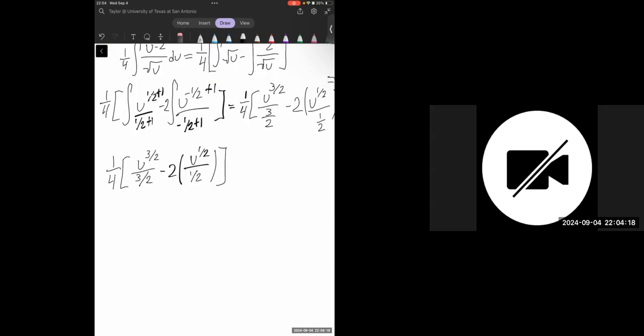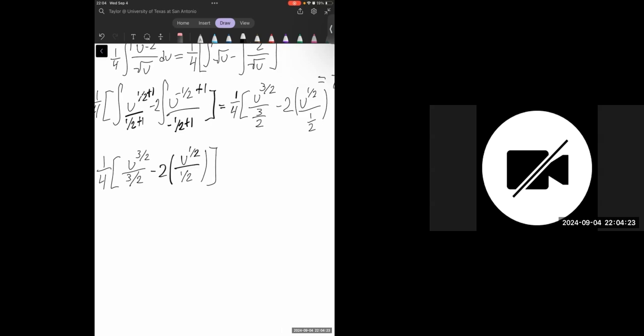Alrighty, so I've rewritten it a little bit cleaner so that we can see what I'm talking about here. The next thing I would do, I'm just not skipping any steps. For those of you that have already caught it, feel free to jump ahead. I want to bring this 2 up into the numerator, right? And then this 3 is going to become my denominator.